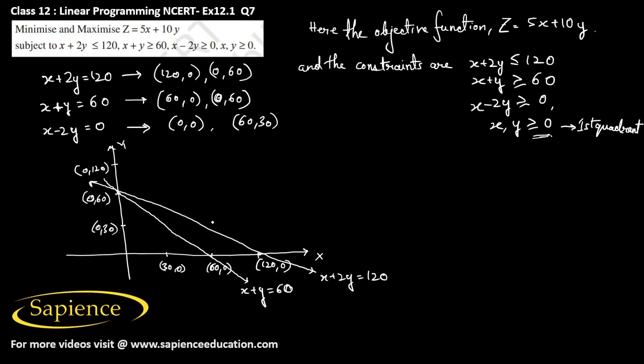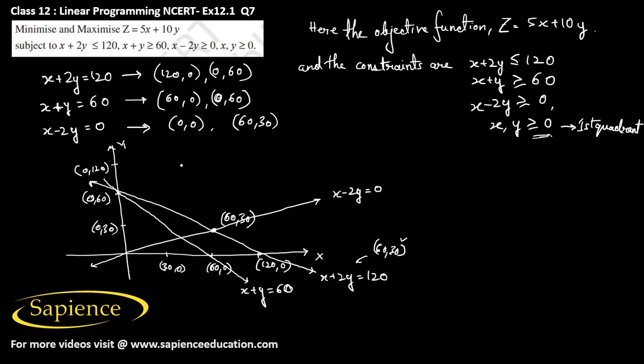So 60, 30 will be somewhere here. 60, 30 will satisfy this line also, since 60 plus 60 is 120. So it will lie on this straight line. Actually, this is 60, 30. So this is x minus 2y equal to 0.